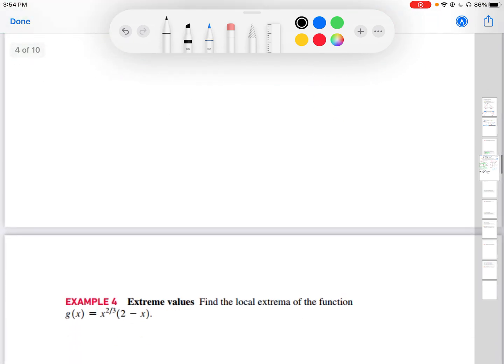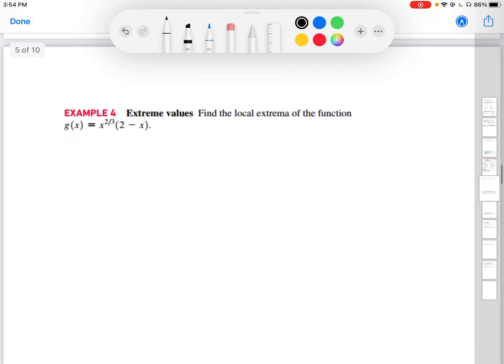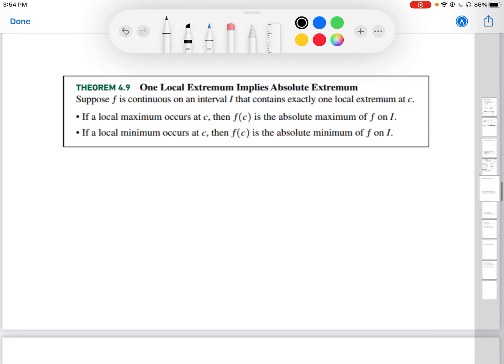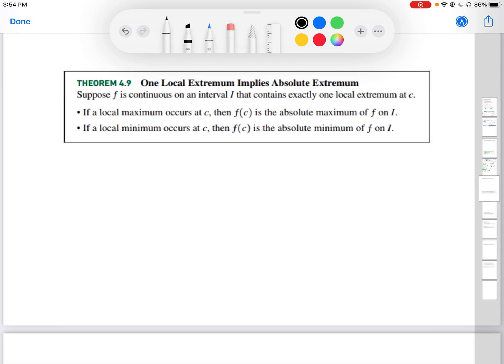All right. There's another example for you to look at. Theorem 4.9. Local extremum implies absolute extremum.